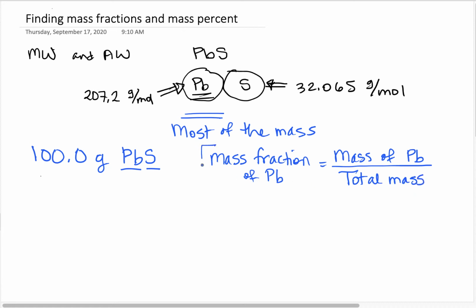And the mass fraction of lead in the lead sulfide 100-gram sample is going to be the same mass fraction as it is in the molecular weight. I'll write that down.